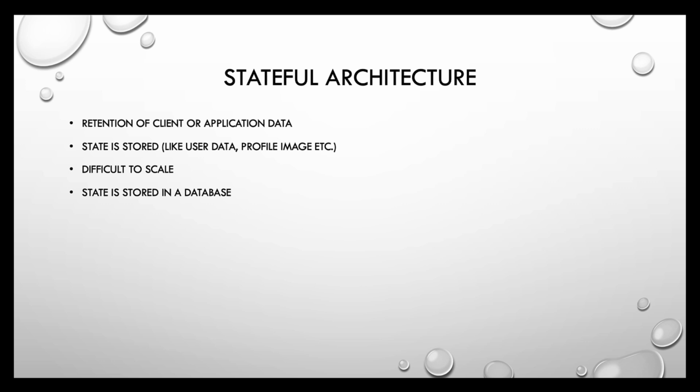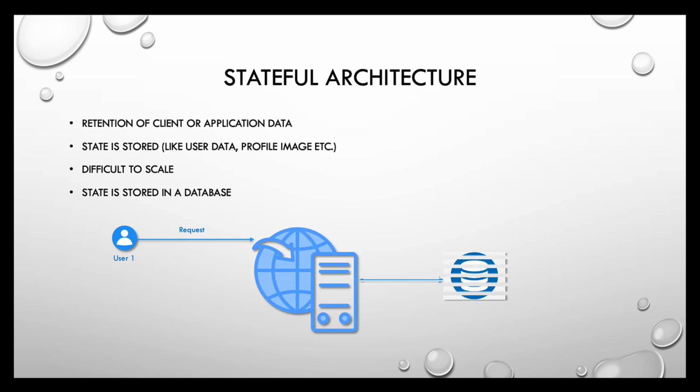Now if we want to visualize a stateful architecture, let's say user 1 is there. User 1 sends a request to a server, which is typically a web server. The state of that user is stored in the database, and the server can then identify who the user is, and whether the user has a certain kind of state or not. That state is stored in the database, and the server can respond back to that particular user. Now, let's say there is another user, user 2, who comes.